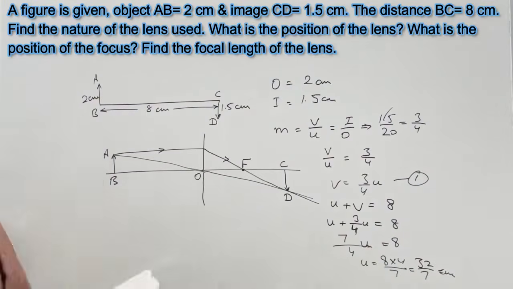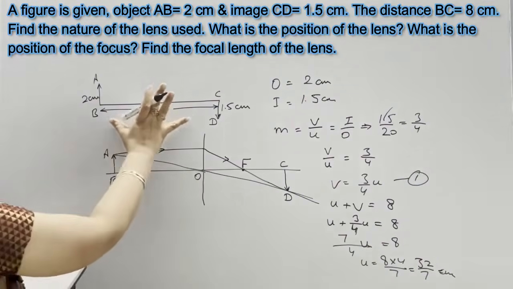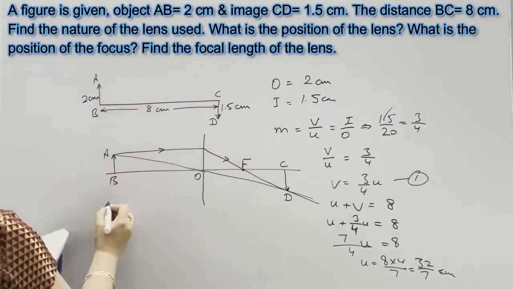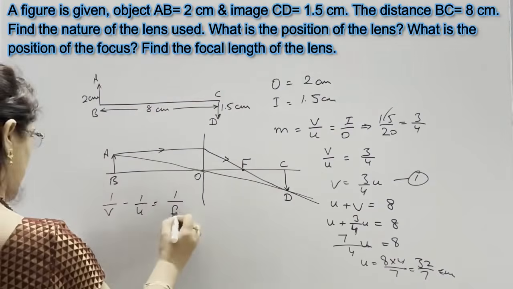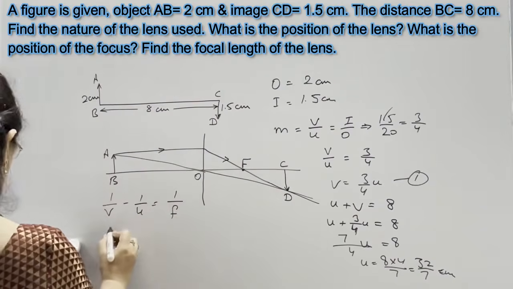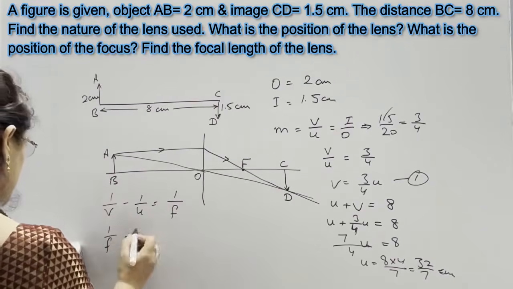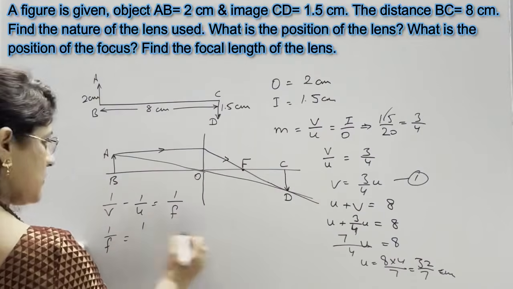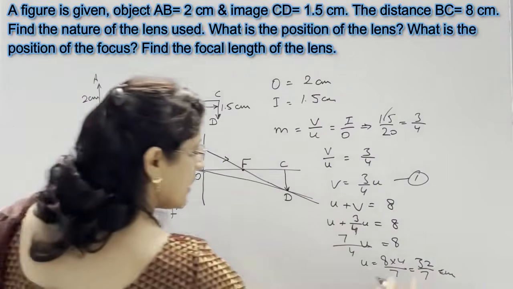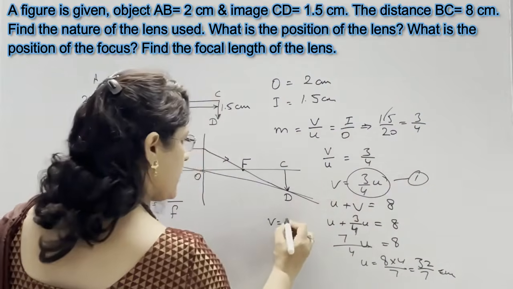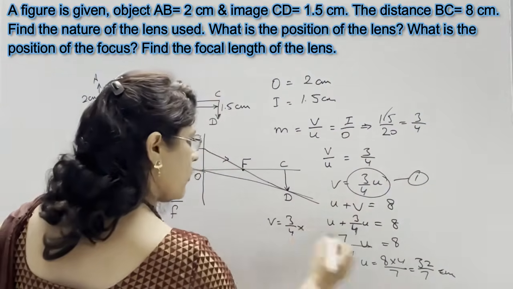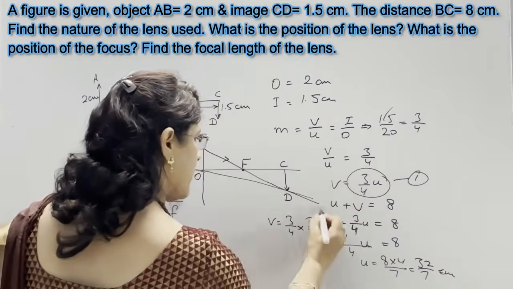Now the value of F, we also have to find the focal length in this case. So 1 by V minus 1 by U is equal to 1 by F. Here 1 by F we need to find. So 1 by V, V we have calculated in terms of U it is 3 by 4. So the value of V is 3 by 4 into the value of U, which is 32 by 7.